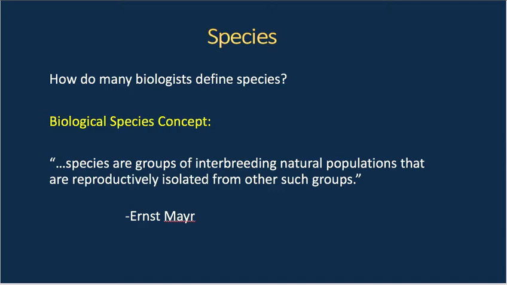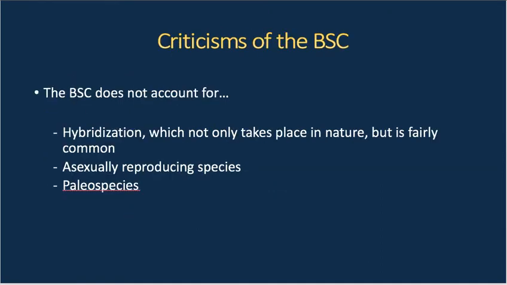So the biological species concept is a really easy to use, seemingly clear-cut and simple way of defining species. But as lots of researchers have pointed out, the biological species concept can be problematic. There are some very valid criticisms of it. The first here is hybridization. Hybridization would be cross-species breeding events where you have hybrids or crossed individuals that are produced as a result of that interbreeding event.